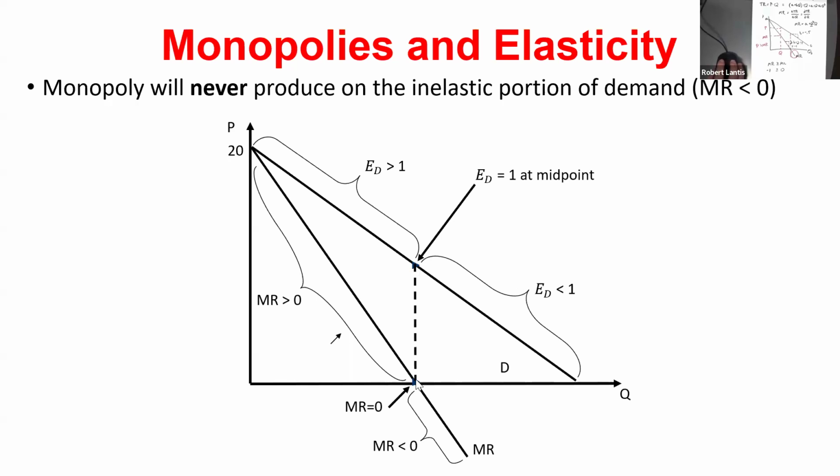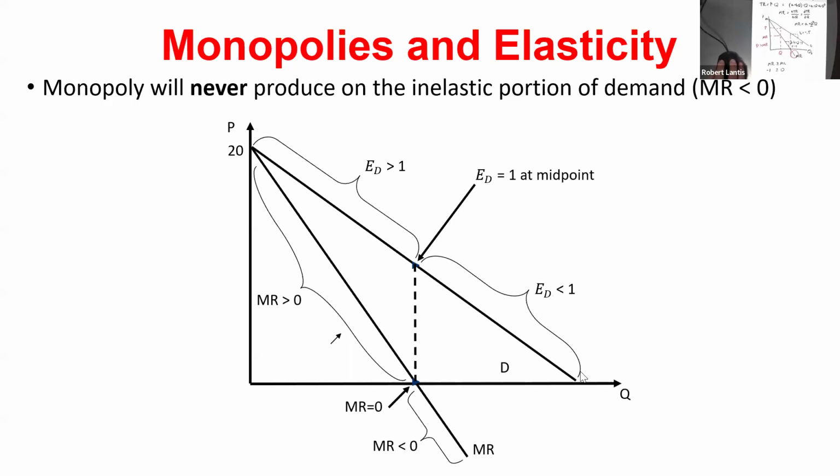Eventually, we get to a point where my marginal revenue becomes negative, and that's whenever demand is inelastic. There, quantity is high, so changes in quantity are going to be really small percentage changes. Price is low, so changes in the price will be really large percentage changes. So a really small number divided by a really large number, we're going to have an elasticity less than 1.